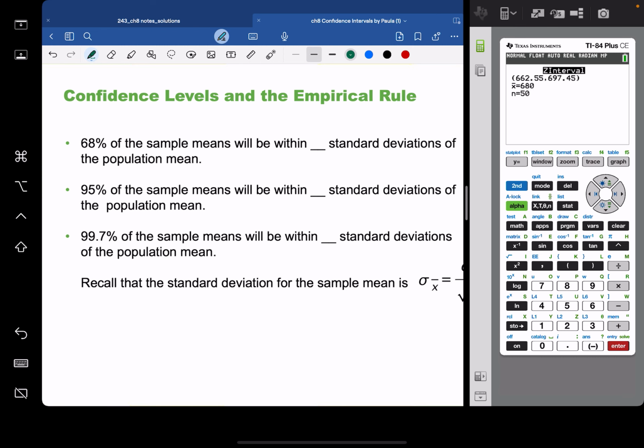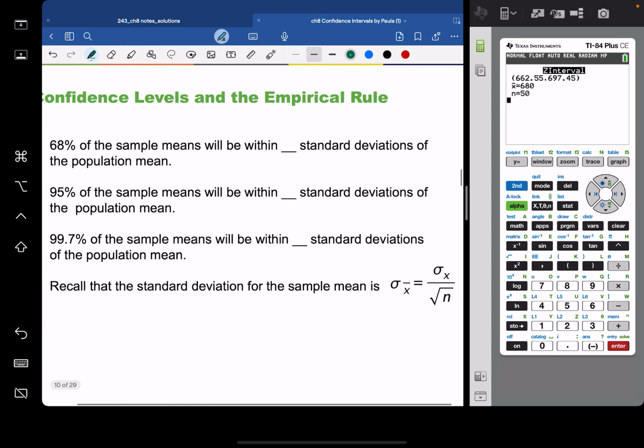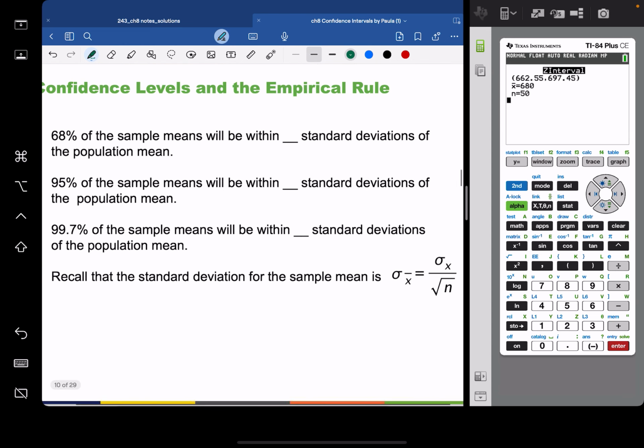Really, this comes back to what we learned in chapter 7 about the distribution of the sample means. We know how much variability in the sample mean there is. Let me repeat that. We know how much variability there is in the sample mean.